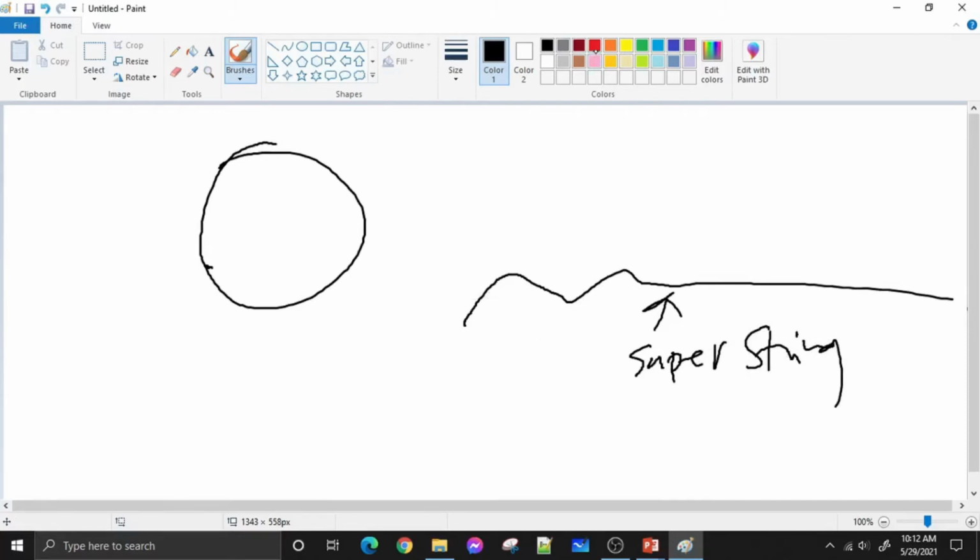From that vibration it creates the universes, and it produces the gravitational force. So these red structures are the universes, and this black line is the superstring gas.